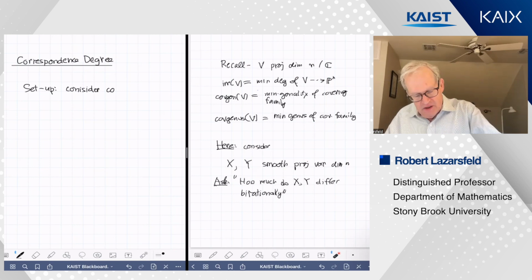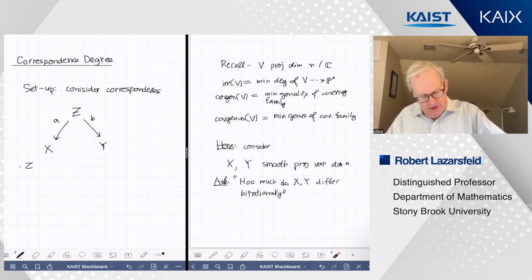Those are varieties Z that map to X and to Y, via maps A and B. Z is supposed to be a smooth projective variety of dimension n, the same dimension as X and Y. The two maps A and B are supposed to be generically finite and therefore surjective.